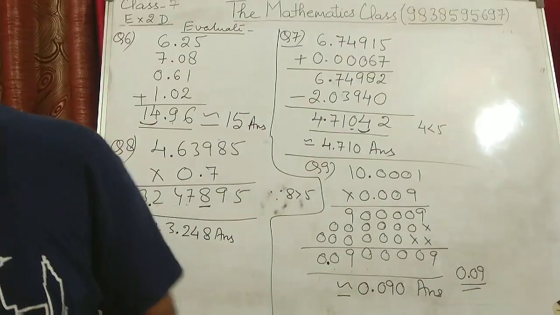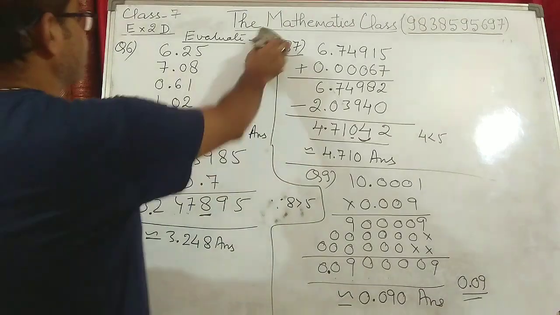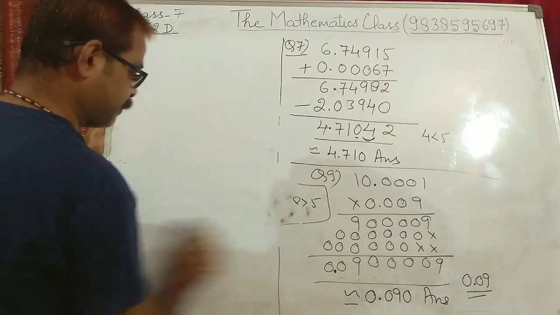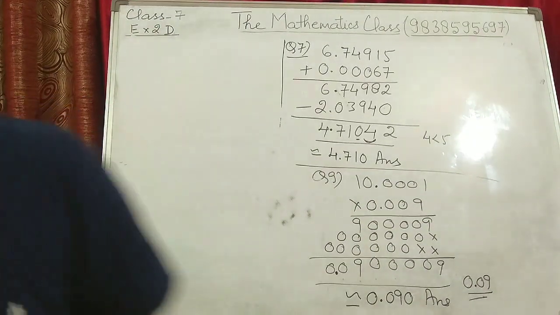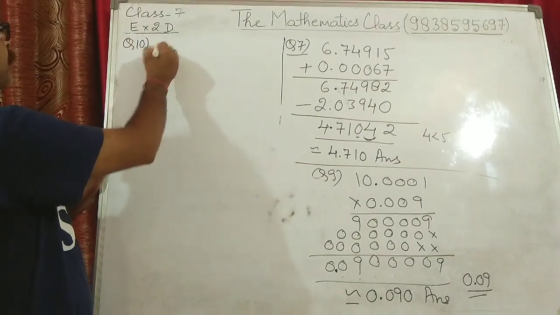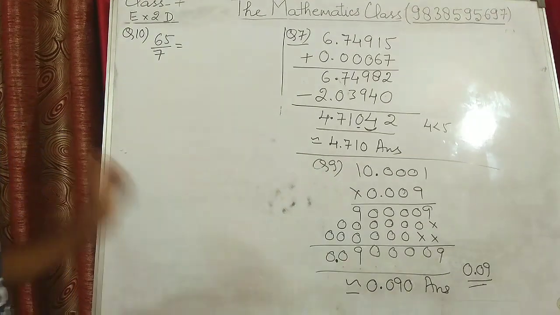Now the next question is question number 10. So let's see. You have to divide 65 upon 7, correct to 3 decimal places.